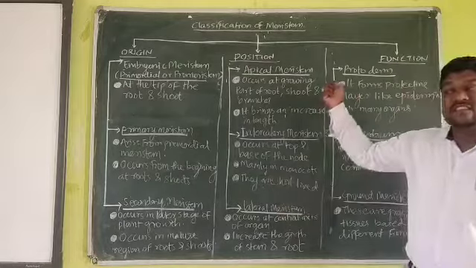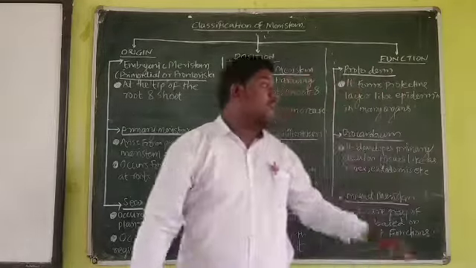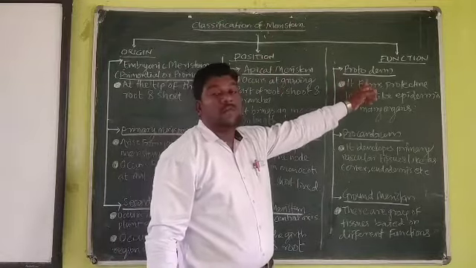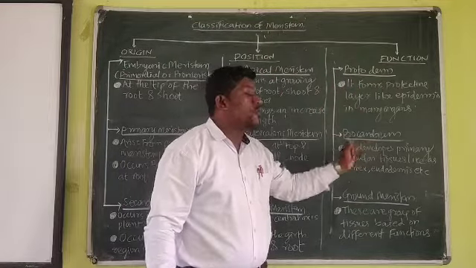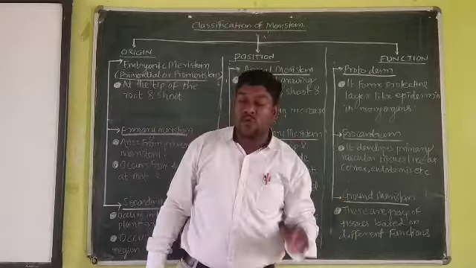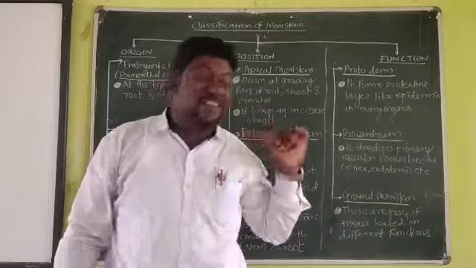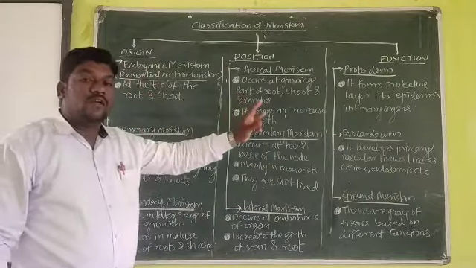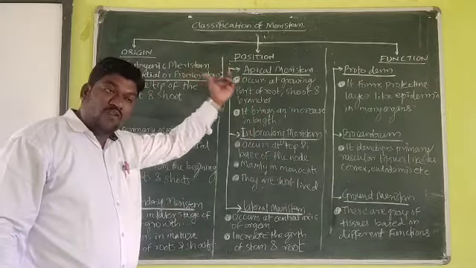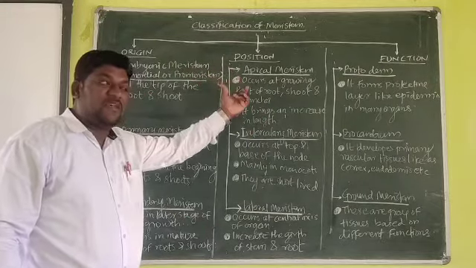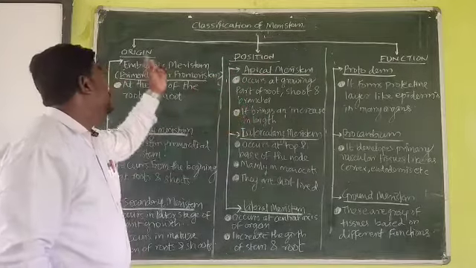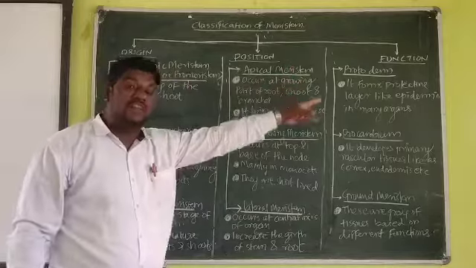And on the basis of the function, protoderm, procambium and ground meristem. Okay, these are the categories. So once again, look what we are looking for. Classification of meristem. It is dependent on the basis of origin, position and function.